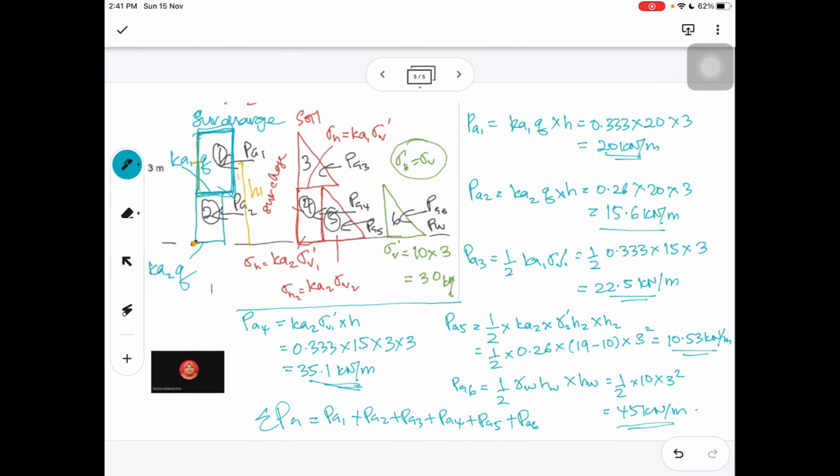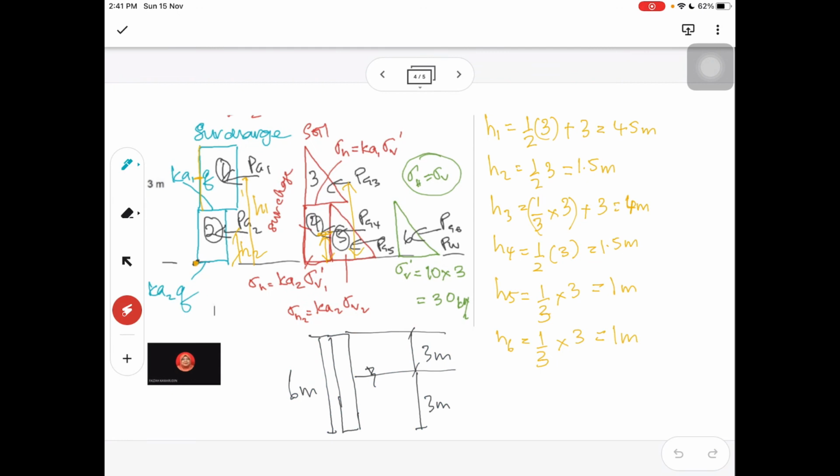Okay, so this PA6, either you want to use PA6 or you can define as P water. Okay, so 1 2 3 4 5 6, and now you have 6 lateral forces, you have 6 heights.